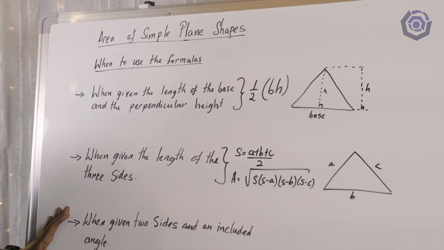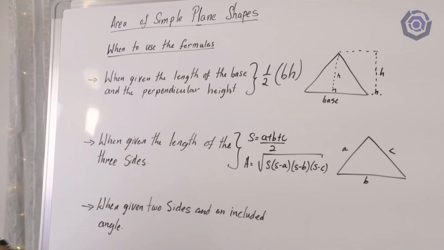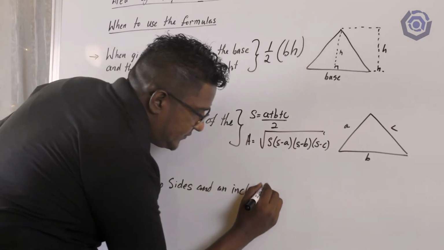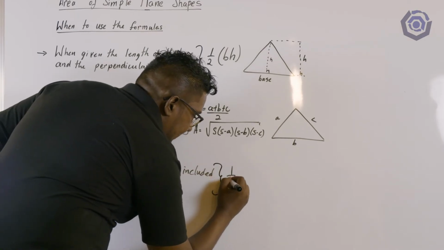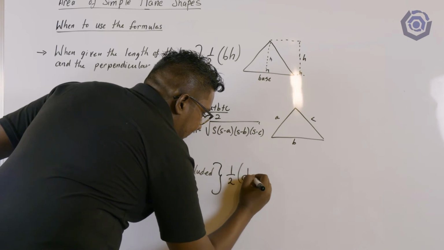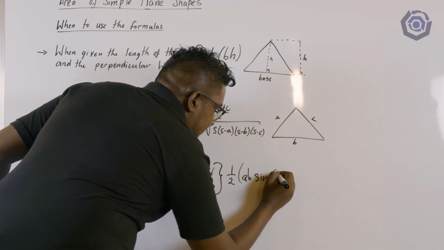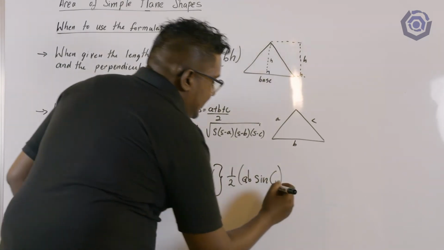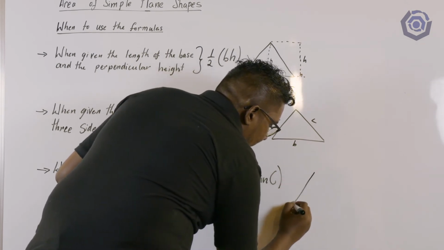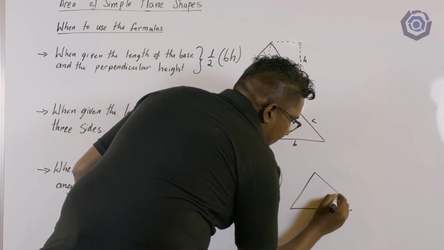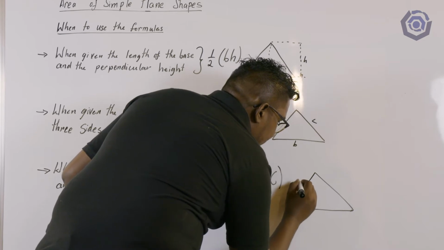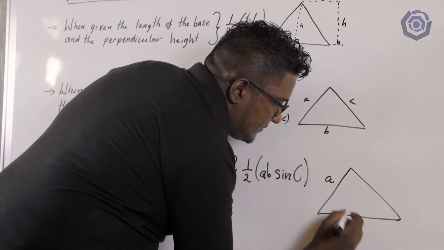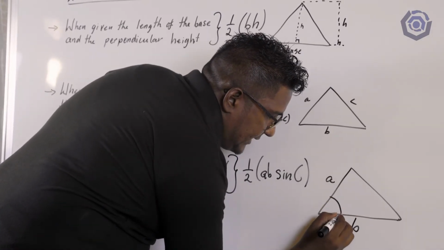The third scenario is when given 2 sides and an included angle. In this one, we use the 1/2 ab sine C formula. From the example, this is when you're given 2 sides and the included angle.